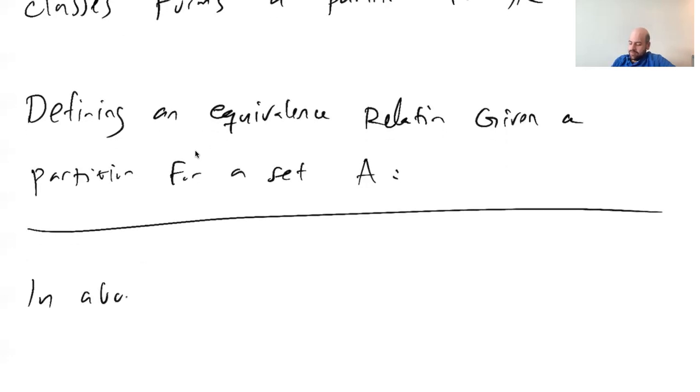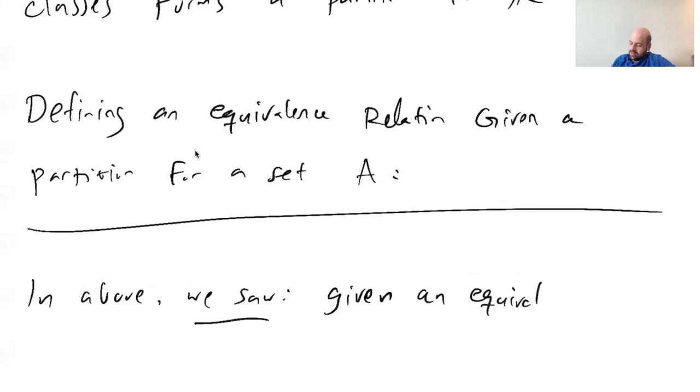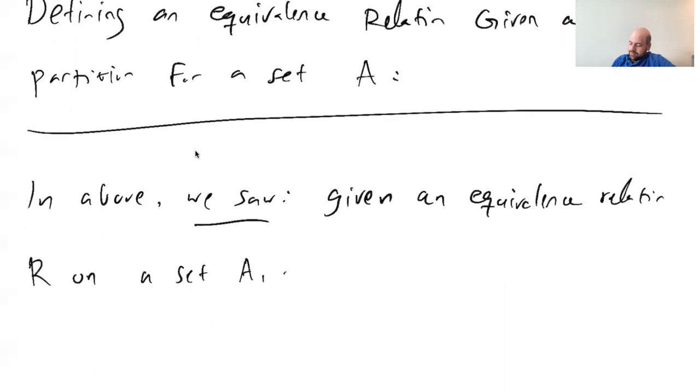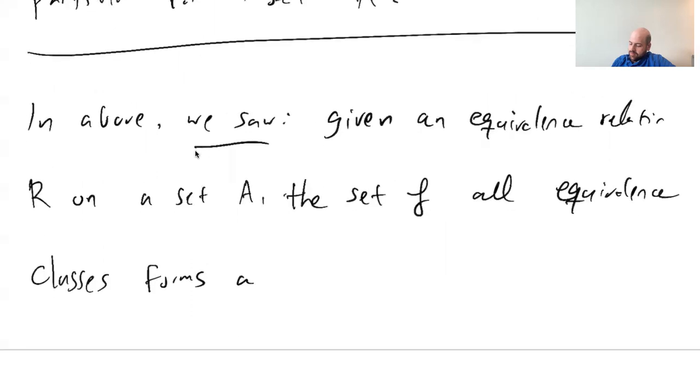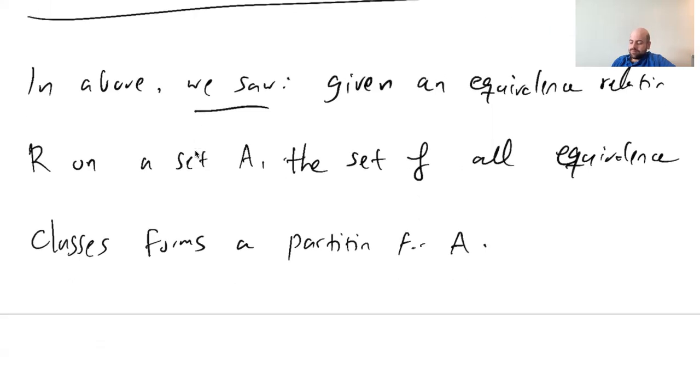Above, we saw that given an equivalence relation R on a set A, the set of all equivalence classes forms a partition for A. Now we want to look at the converse.